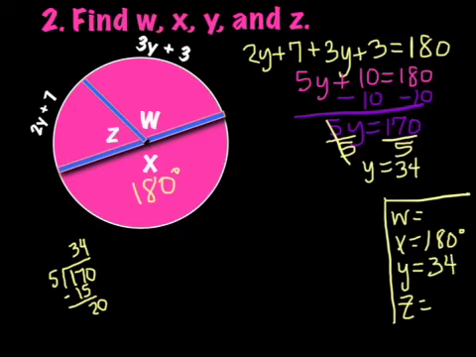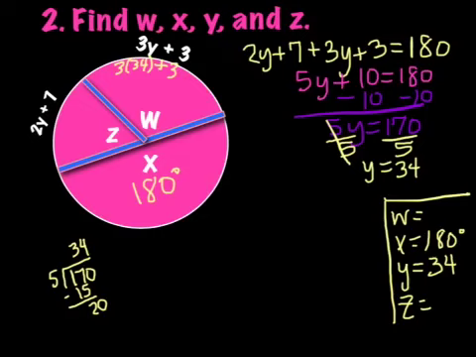Okay, now let's take a look at what we have up here. So to get w, I have to know what this arc is. Well, I know what y is. Y is 34. So I need to plug that in. I'll do it right next to the problem. So 3 times 34 plus 3 is what I need to work out.